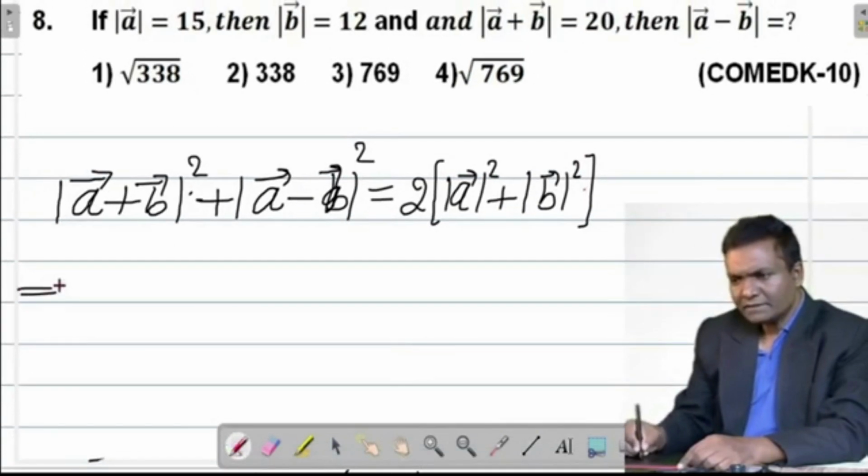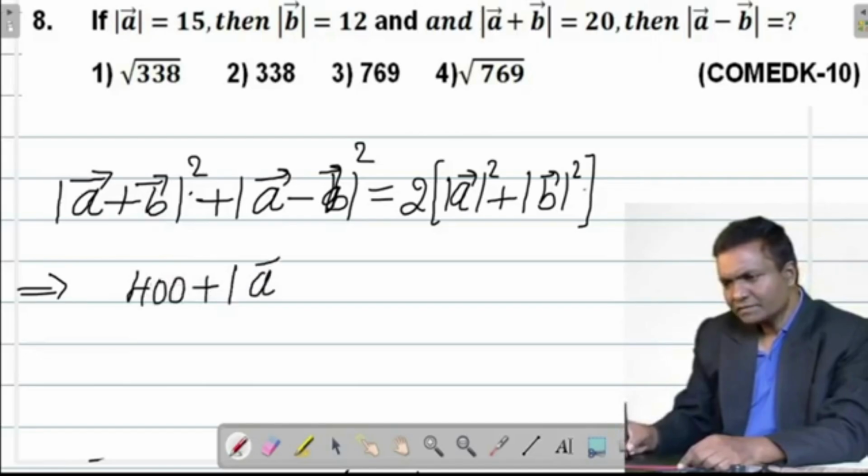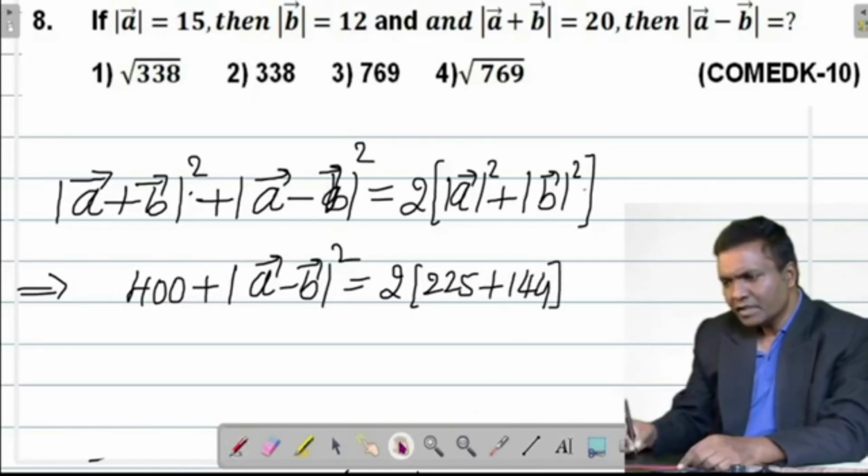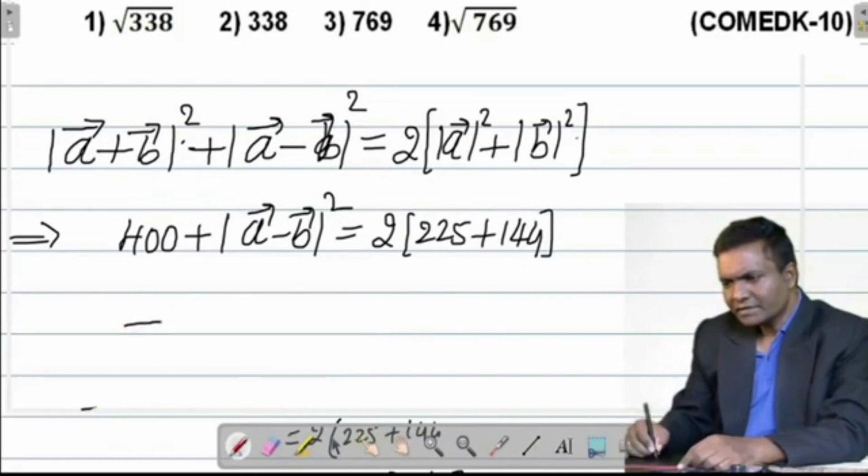Now you are given that magnitude of vector A plus B is 20 and its square is 400, and you are asked this. So as it is, 2 into magnitude of A, which is given as 15 and its square is 225, and magnitude of B is given as 12 whose square is 144, and calculate this.